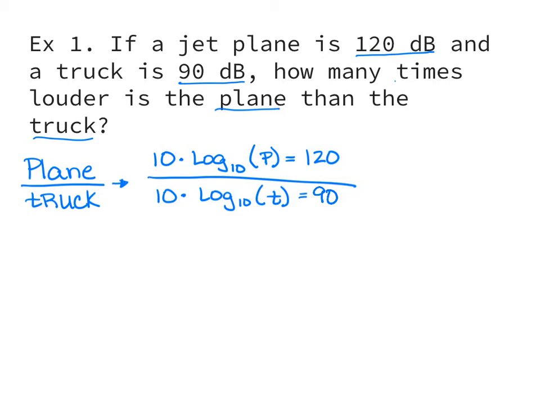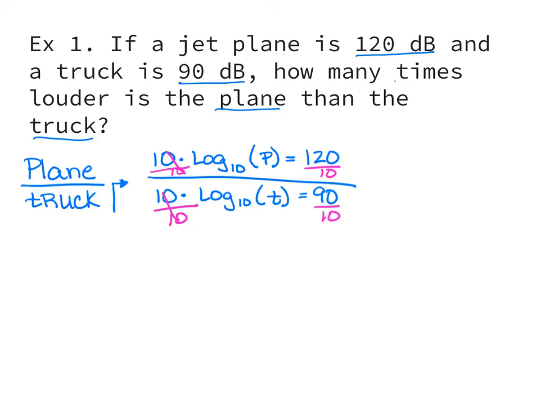Okay, so now we're going to solve for p and t, and we'll do that simultaneously. On the top, remember, both of these are going to have to be divided by 10. This is an equation in the numerator and the denominator. So on the top, I'm going to divide the left side by 10 and the right side by 10, and in the denominator, I'm going to do the same thing. That takes care of the tens.